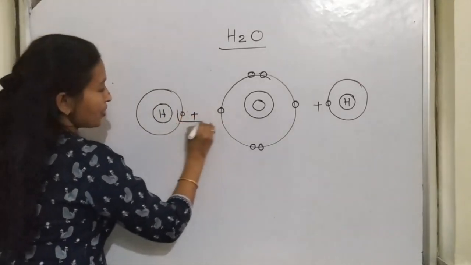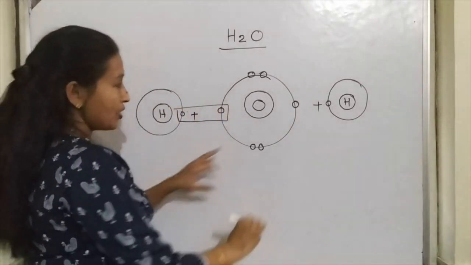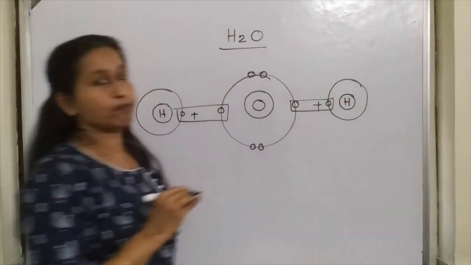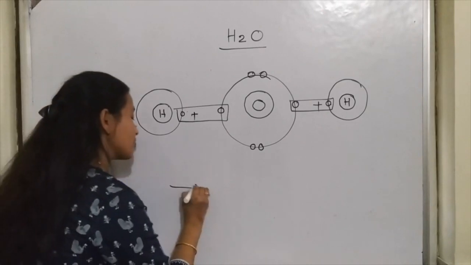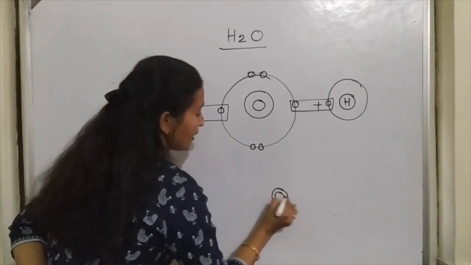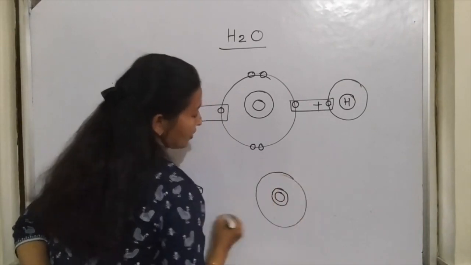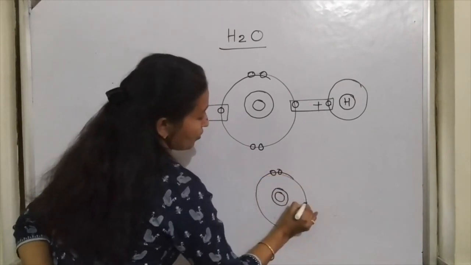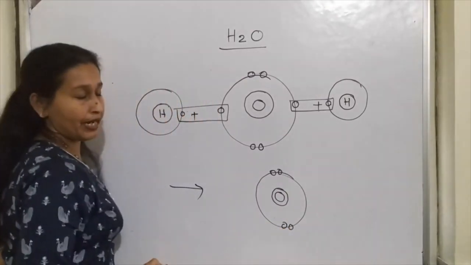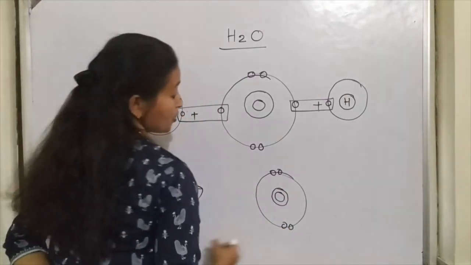This hydrogen shares one electron with oxygen. This hydrogen also shares one electron with oxygen. Let us see how water is formed. We'll keep oxygen in the middle. This is the nucleus, and oxygen already has two pairs of electrons.